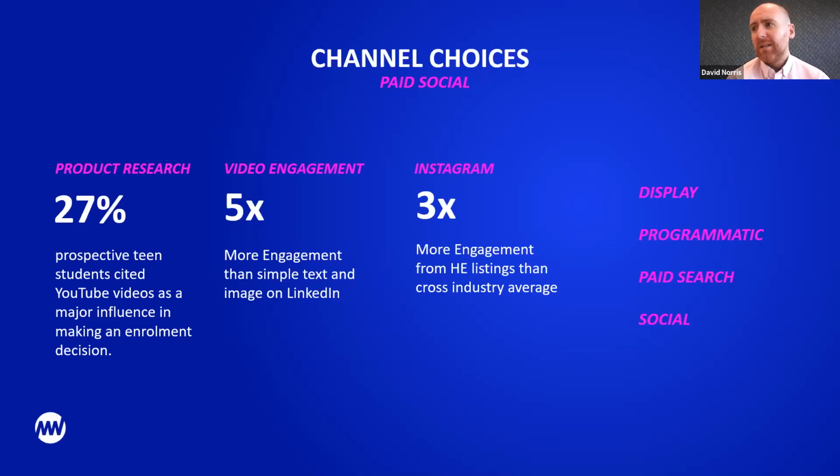But what we can see is that higher education listings typically get 3 times higher engagement on Instagram than the industry average. That's higher than sports, which is incredible to me, and higher than entertainment. Higher education is actually the highest indexing area in terms of engagement people see from ads and organic postings on LinkedIn and Instagram.